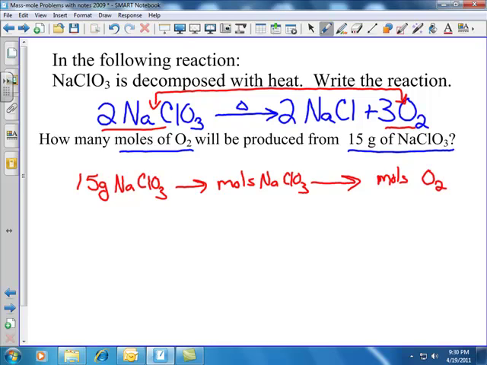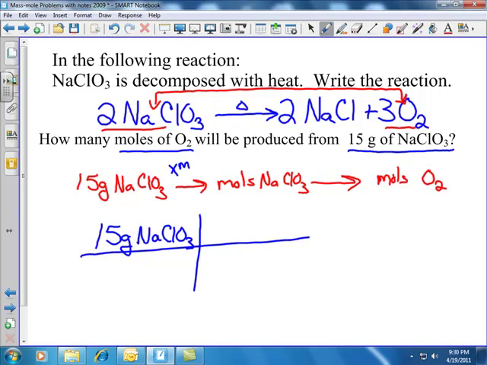So going back to my T-box setup, I'm going to start with the 15 grams of sodium chlorate. What I'm going to do with that is multiply it by my molar mass, because that's how you get from grams to moles. So I'm going to have 1 mole of NaClO3 here, all over the molar mass of 106.4 grams.